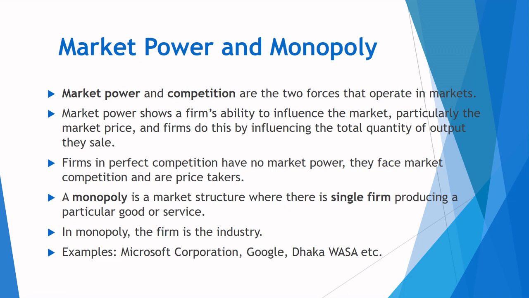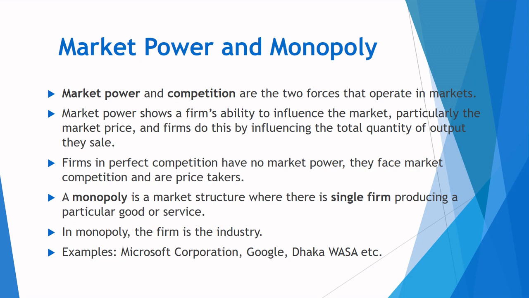Now, if we look at competition of markets, on one end, you have perfect competition. On the other end of the spectrum, we have monopoly. A monopoly market structure, in contrast to a perfectly competitive market structure, is a single firm producing a particular good or service.